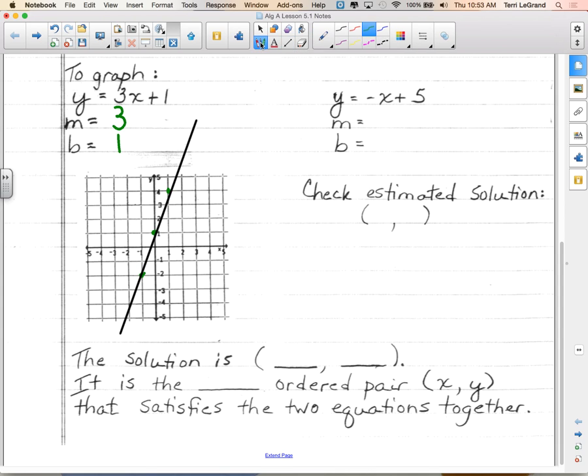I said, get one line finished before you do the other. After you have that one graphed, then you can move on to the other equation in our system and graph it. Told you this graphing's never going away.